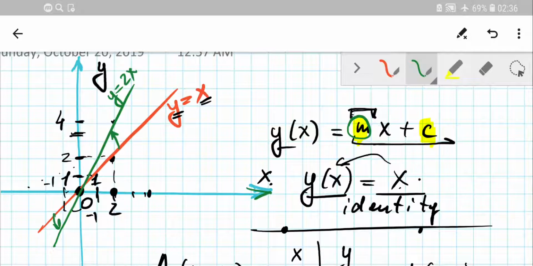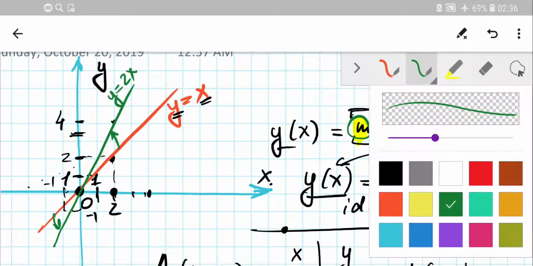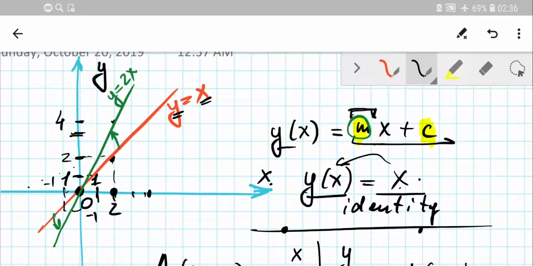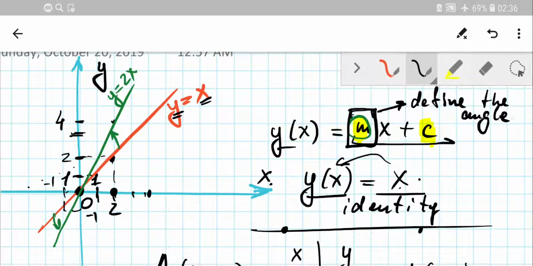All right, so this is how we can describe the influence of the very first coefficient m. It will define the angle between the line and the horizontal x-axis.